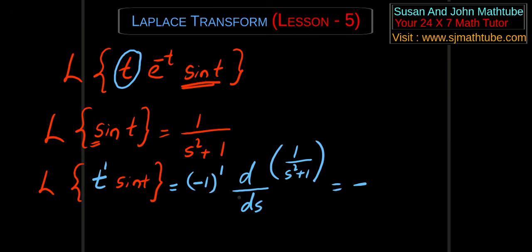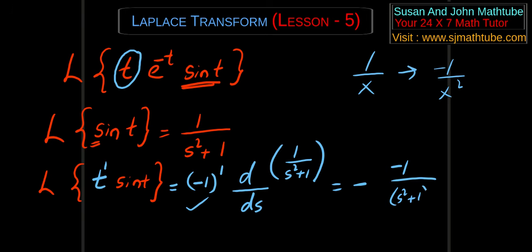That will be minus this, minus 1 by something. What is the derivative of 1 by x? Minus 1 by x square. So we get s square plus 1 the whole square times, because it is not 1 by x, it is 1 by something, and chain rule tells you to differentiate this.